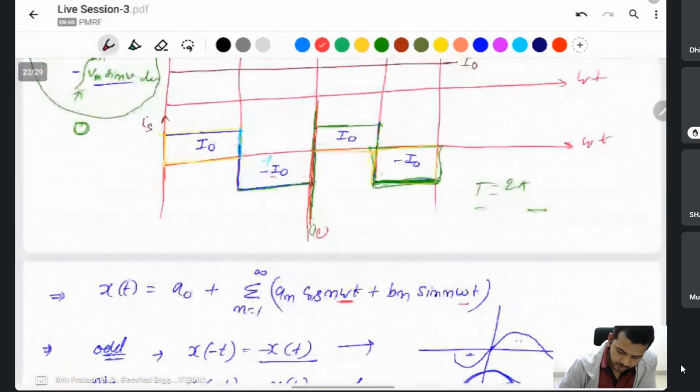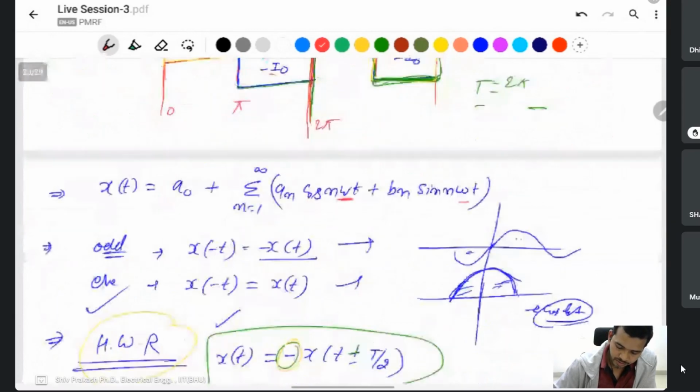Our original signal I0 is from 0 to π, and the period is 2π. So from 0 to π it is I0, and from π to 2π it is minus I0.